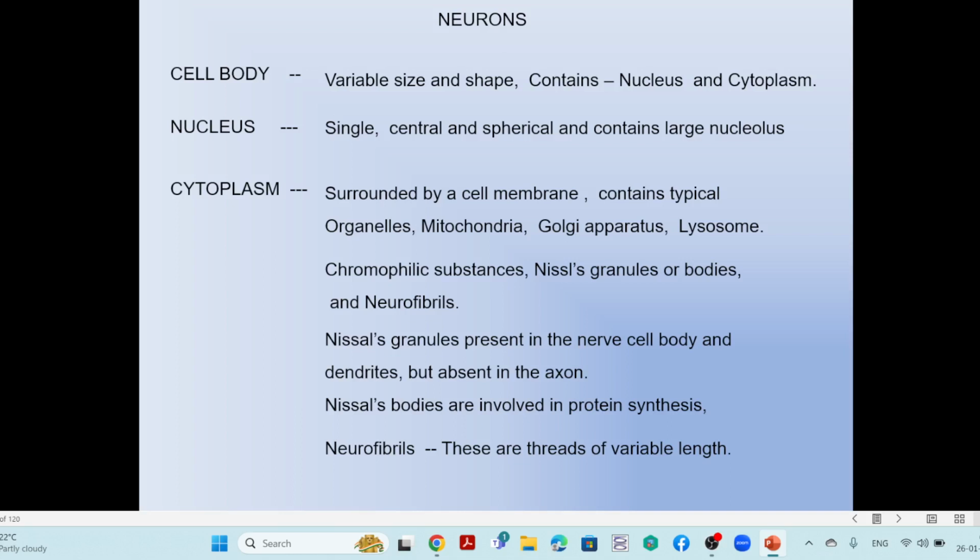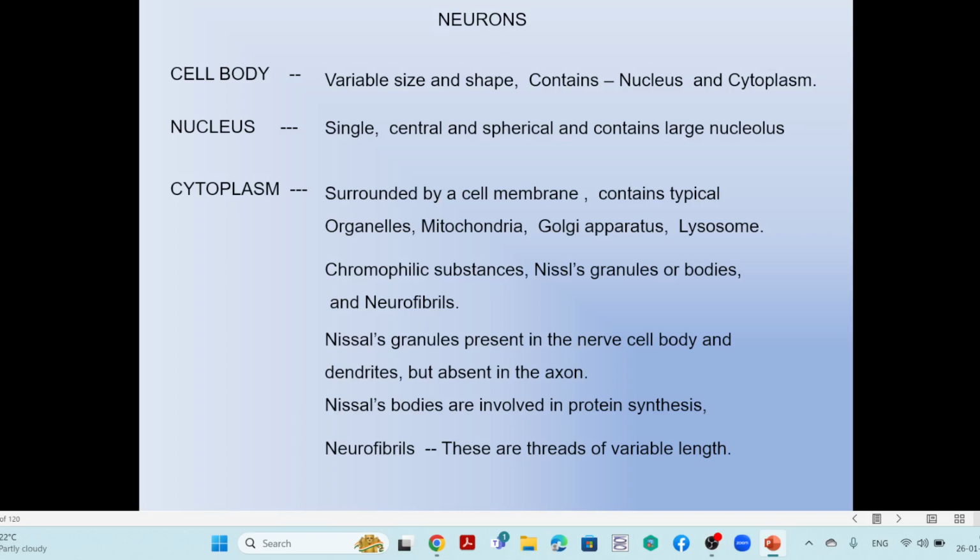The cytoplasm is a fluid located within the cell body. This cytoplasm is covered by the cell membrane, which is the outer covering, also considered a portion of the cell body. So within the cell membrane, that is inside, there is the cytoplasm.